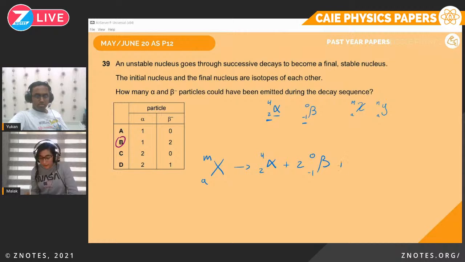Then we would get X with the mass M minus 4, and then we would have A minus 2 plus 1 plus 1, which gives us still A. So we need 1 alpha and 2 beta.